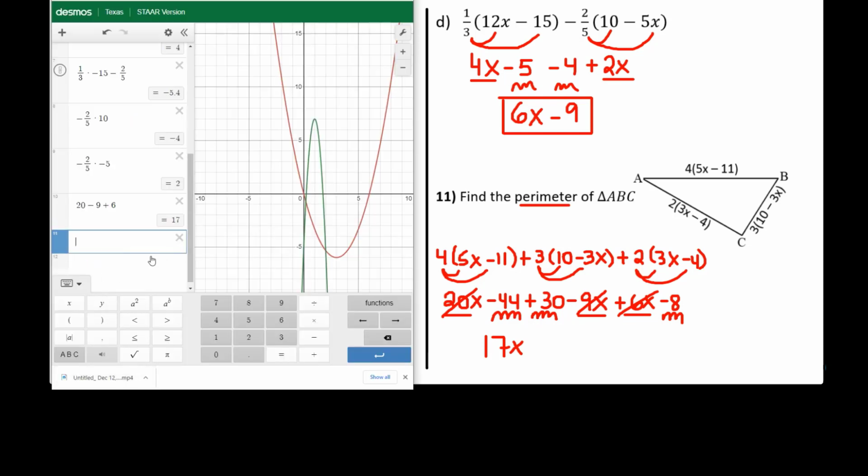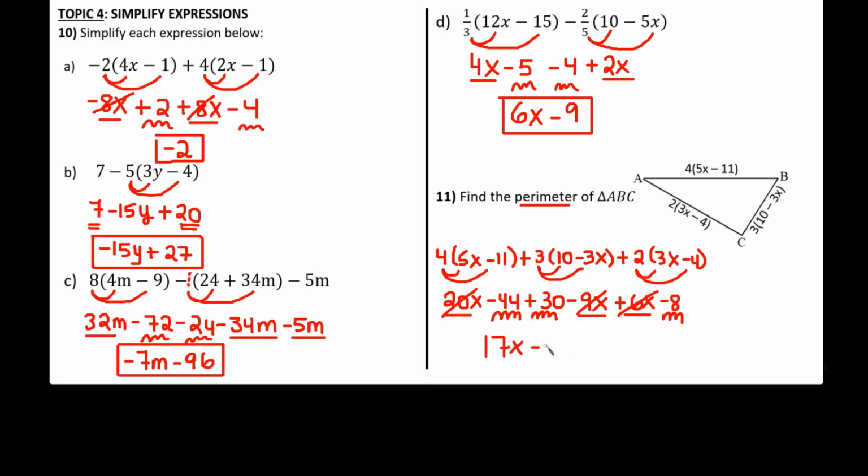Click a new box. And then I'm going to do negative 44 plus 30 minus 8. And when we do that, we get negative 22. Very good. And that's our answer. 17x minus 22. All right. Let's go on to the next problem.